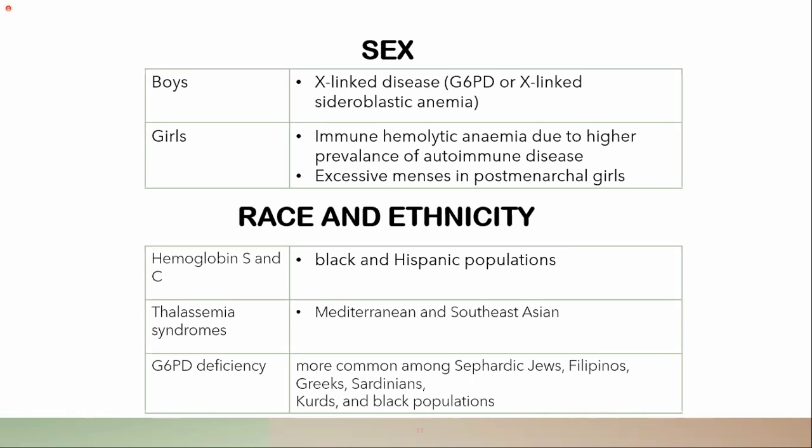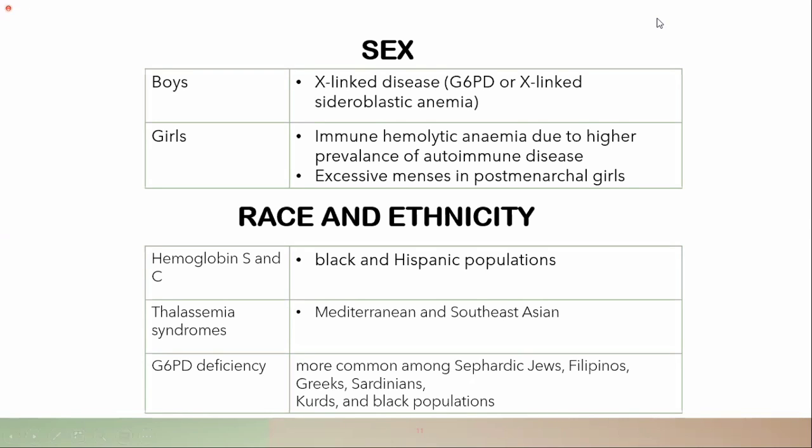So there are two possibilities for how girls can get G6PD deficiency. The first one is if the mother is G6PD deficient and the father is G6PD deficient as well. If both are G6PD deficient, most likely the child will get G6PD deficiency, so obviously the girl can get it.